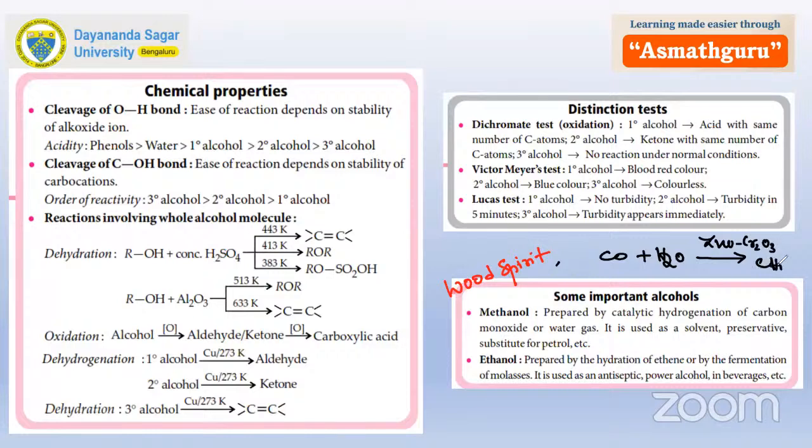We can get methanol instantaneously. Methanol is used as a solvent, a preservative, and a substitute for petrol. But remember, methanol is poisonous.